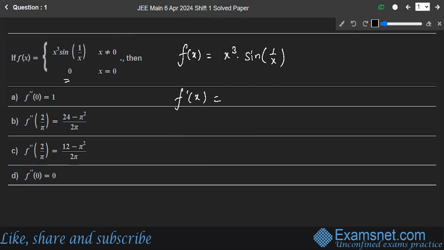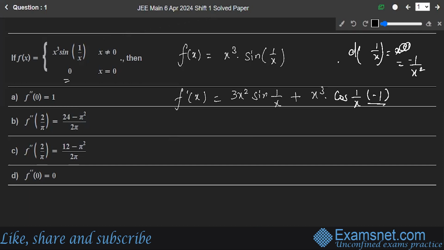This is given by 3x squared, first function, into derivative of the second, plus the second function into derivative of the first. The sine will change into cos, and minus 1 because here this is 1 by x, which is equal to x raised to power minus 1, whose derivative is minus 1 by x squared.